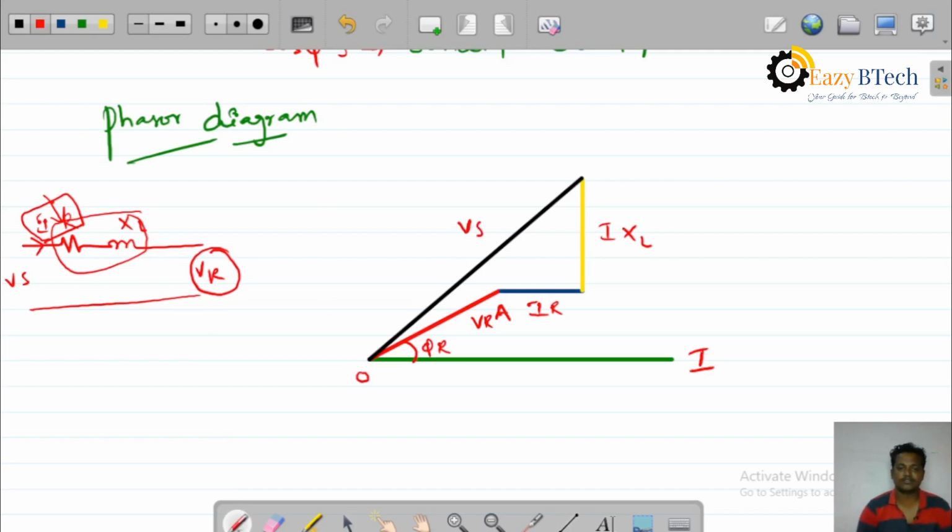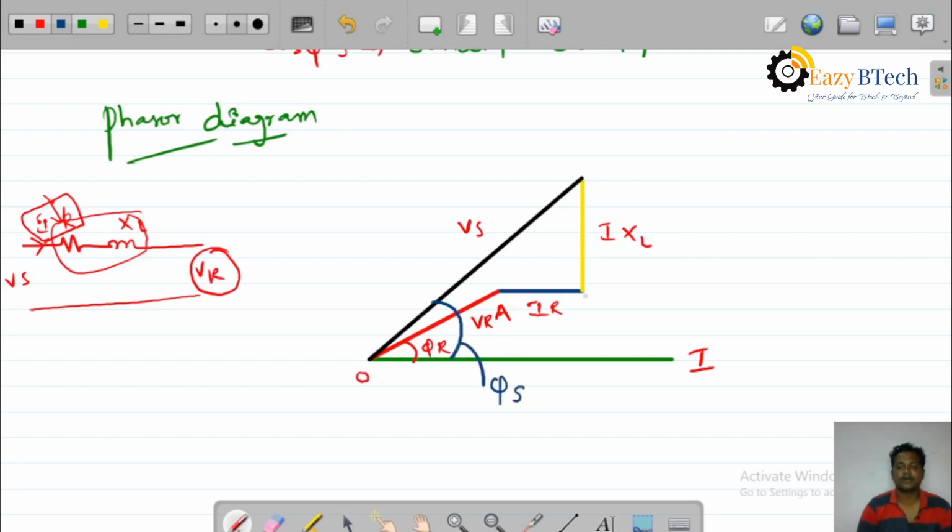Vs equals VR plus I into R drop plus I into XL drop. Here also VR plus the drop is equal to Vs. We are representing it with the phasor diagram. Now the angle between the sending end voltage and the current is phi s.